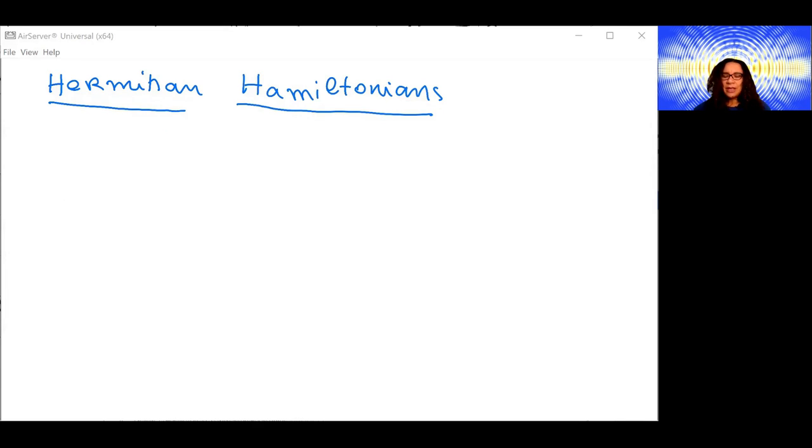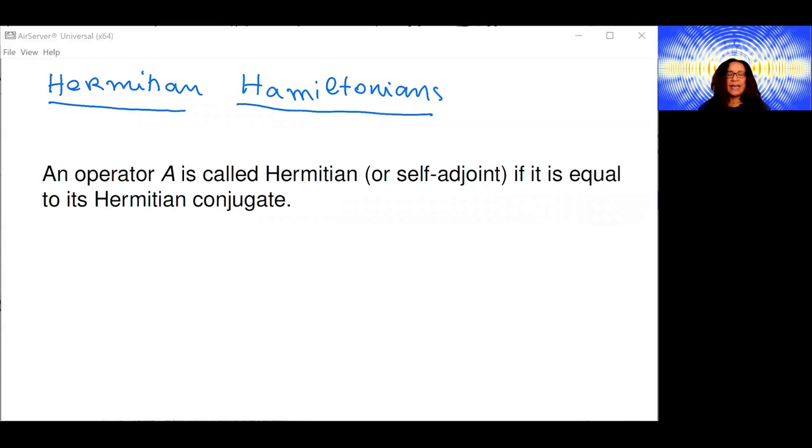If you've been around, you have already heard of them, and we're going to start with a definition, and we're going to discuss when we say an operator is Hermitian. So we say that an operator is Hermitian or self-adjoint if it's equal to its Hermitian conjugate. So what we mean is if you have an operator A, and an operator A dagger, which is the Hermitian conjugate of A, then A is equal to A dagger.